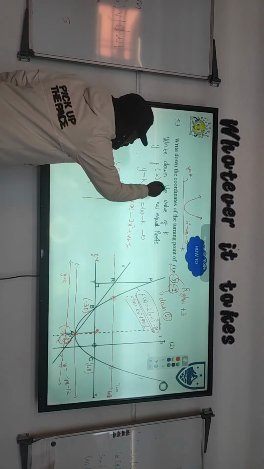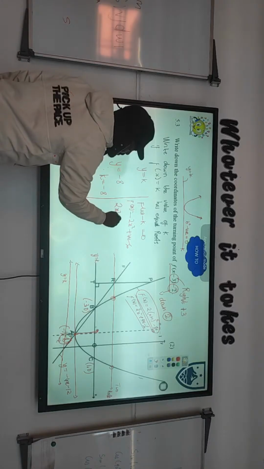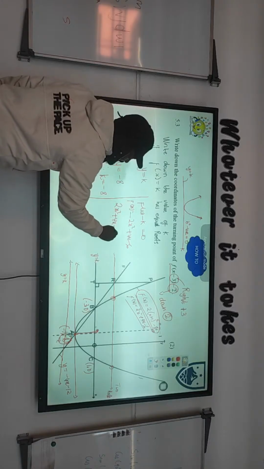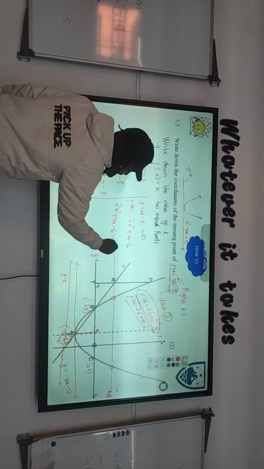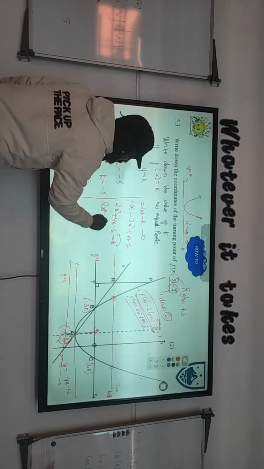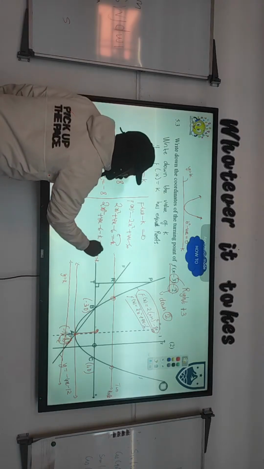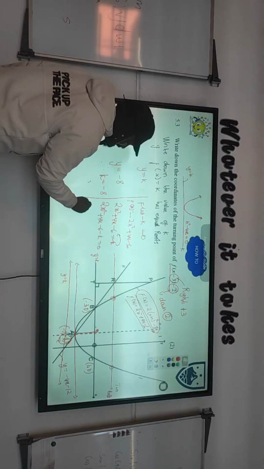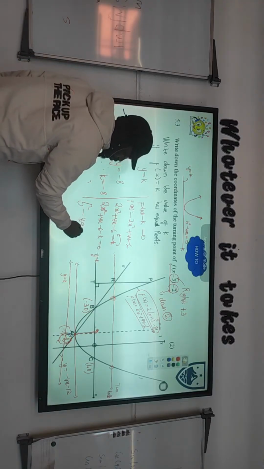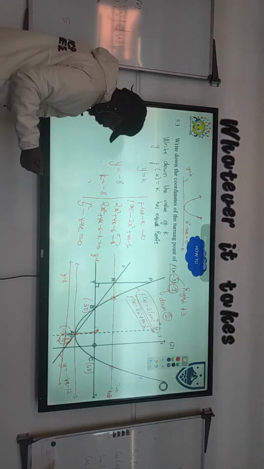So you had y equals to k. So now you will have 2x squared plus 4x minus 6 equals to k. We take k to the other side. You have 2x squared plus 4x minus 6 minus k equals to 0. So you want your discriminant to actually be equal to 0, which is the long way of finding it using algebra. So your b squared will actually be 2.